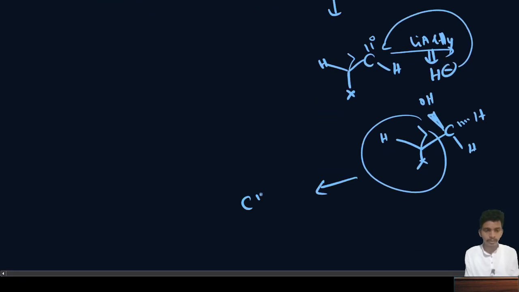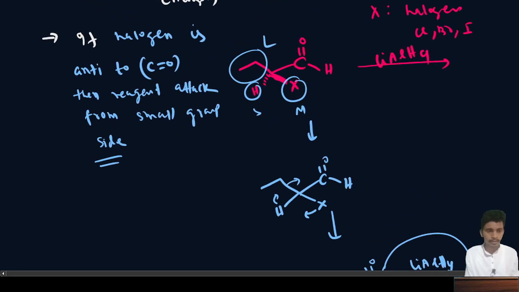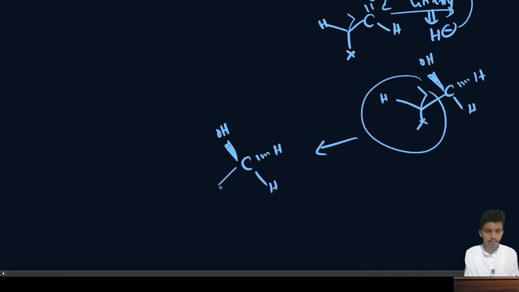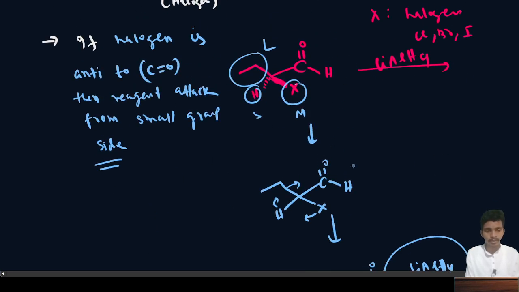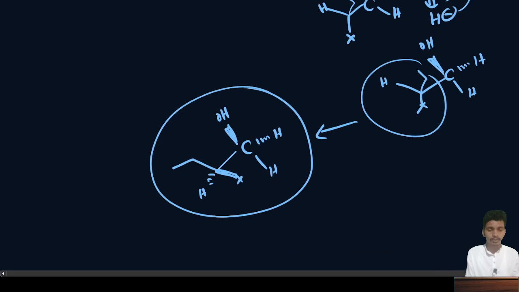That is going to be this H, this is going to be OH, this is going to be H, and here, as in the question, X is on that side. This is the final answer for this question.